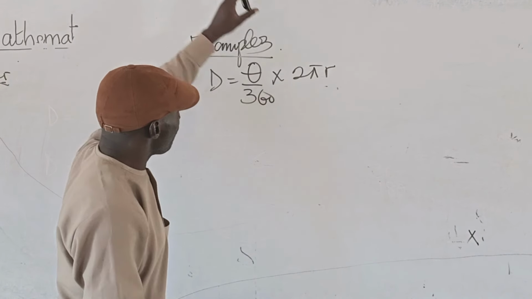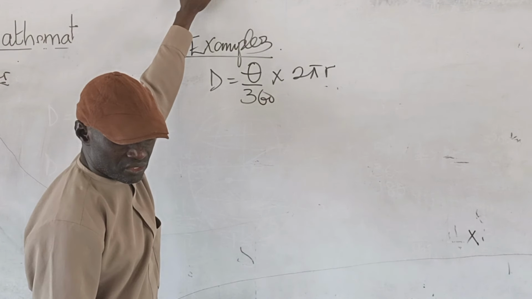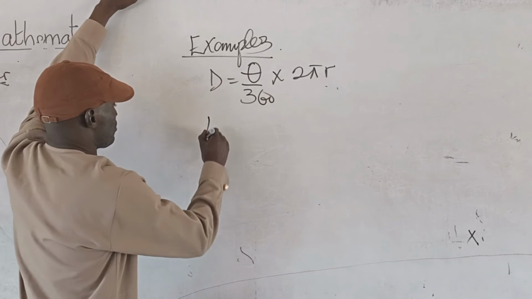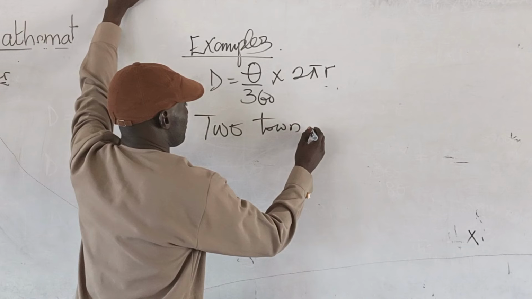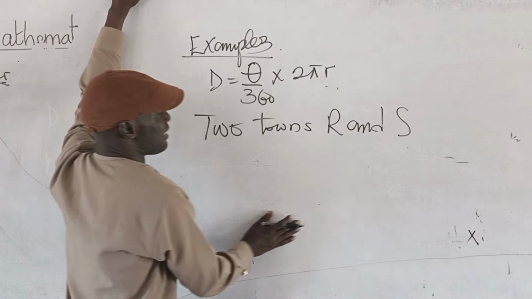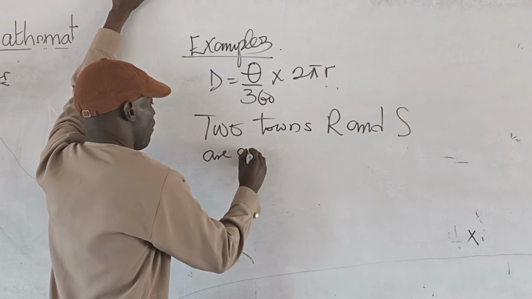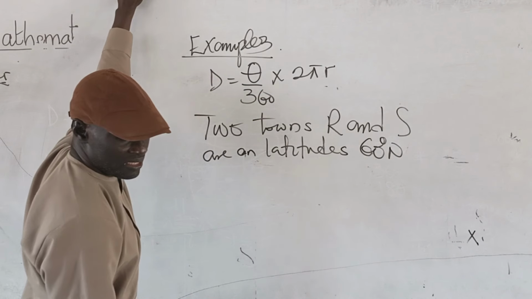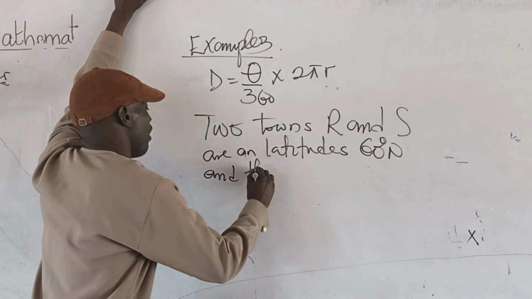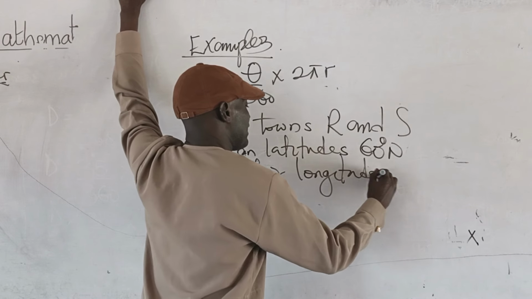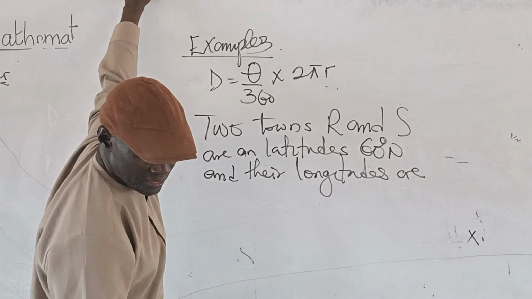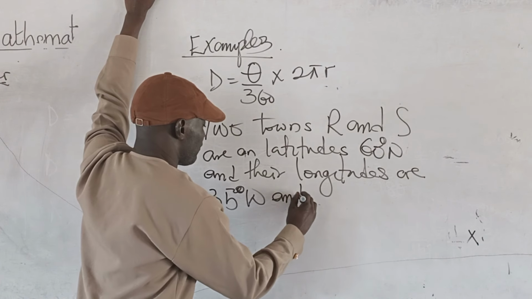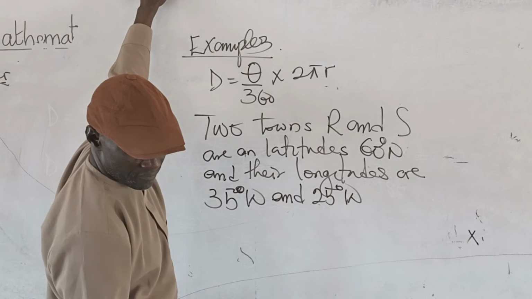Two towns, R and X, are on latitude 60 degree north, and their longitudes are 35 degree west and 25 degree west respectively.